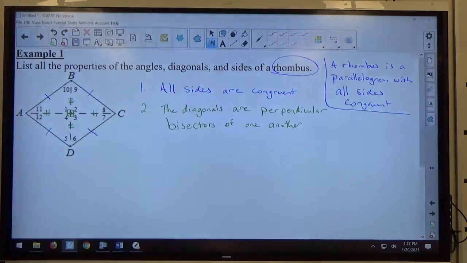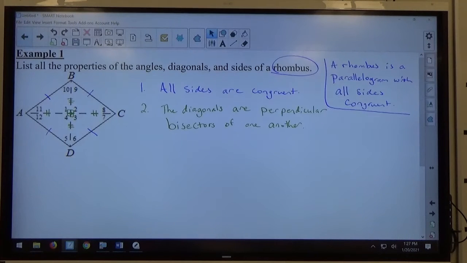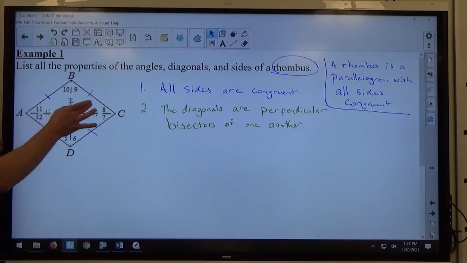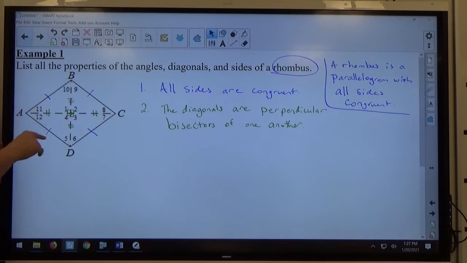They are not necessarily the same length. All right? This diagonal does not have to equal that diagonal length. These two pieces here don't have to match those two pieces there, but these four angles in the middle will definitely be right angles if it's a rhombus. Okay, so cut it in half just like a parallelogram, but right angles. A parallelogram does not require right angles in the middle.